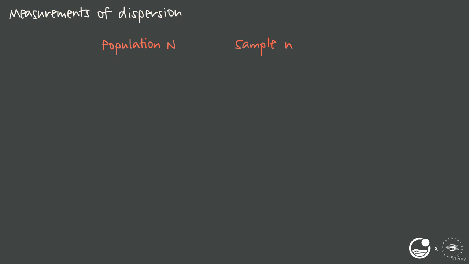And of course, as we already know, the mean for both the population and the sample we can find using the same formula. Remember that these two formulas are identical. The only difference is that when we indicate a population mean, we usually do so with this Greek letter mu, and when we indicate the mean for a sample, we usually do so with this x bar notation.